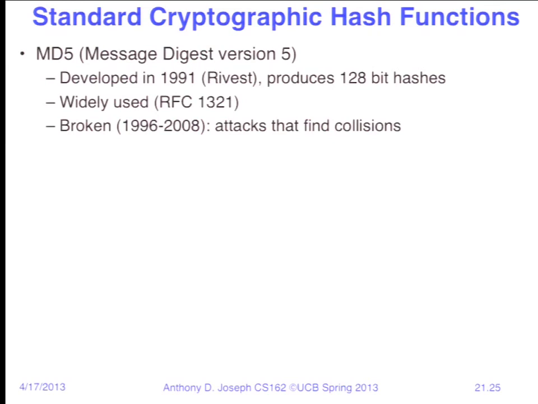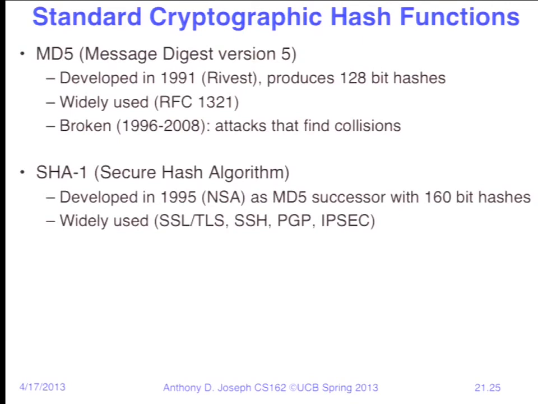Okay, so the government did basically a similar kind of contest to find a new secure hash algorithm, which they named Secure Hash Algorithm, version 1, developed in 1995 by the National Security Agency as a successor to MD5. It used 160-bit hashes.